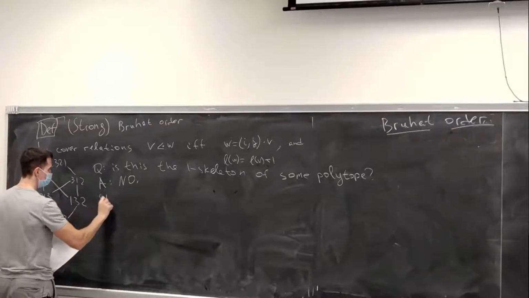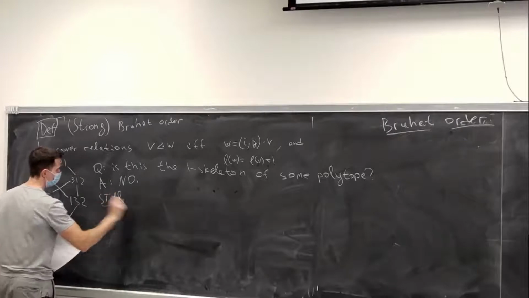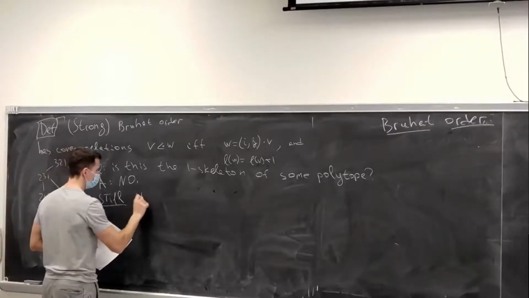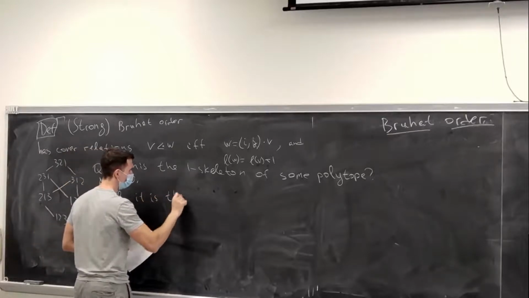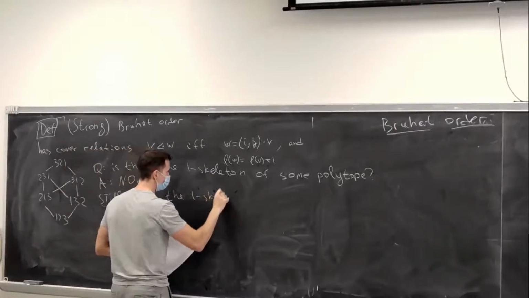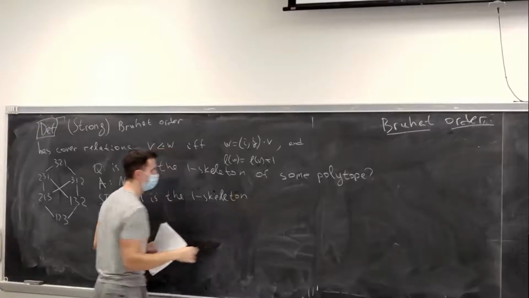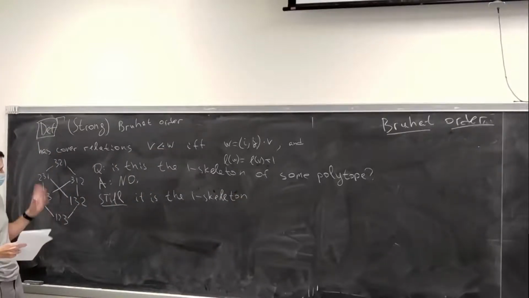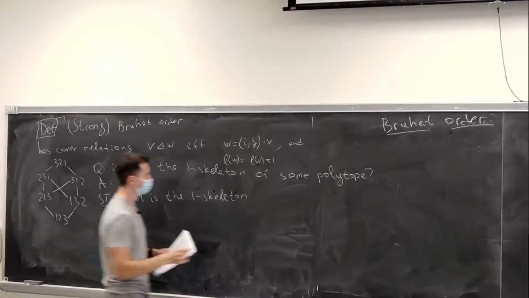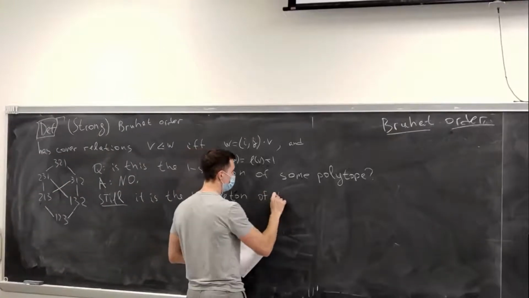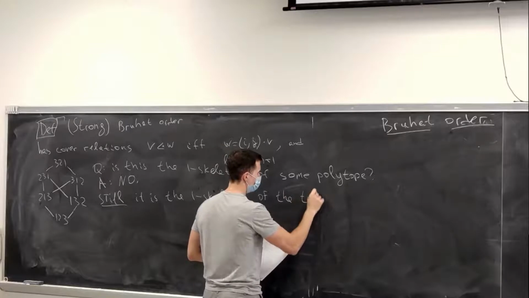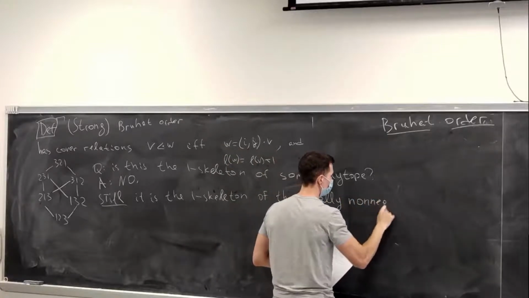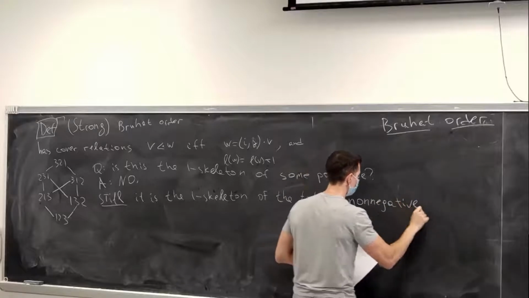Still, it is the one skeleton of some other object, which is not a polytope but looks like one, something that's called the totally non-negative flag variety.